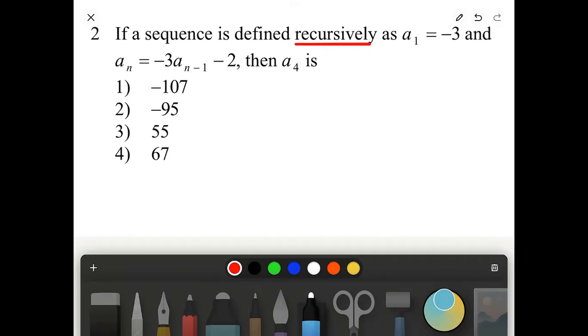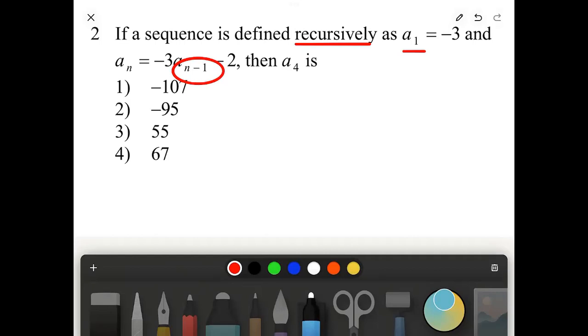The other way, if there isn't the actual word recursive, you can look at this n minus 1. If you see n minus 1 or n plus 1 as a subscript, that's usually a good sign that you're dealing with a recursive sequence. What you can't use is the fact that you have a1. That basically is saying the first term.